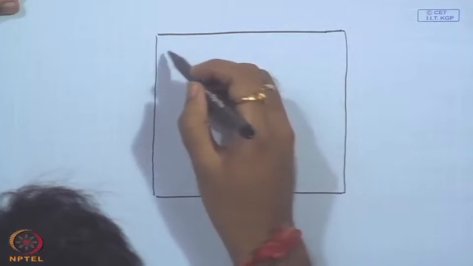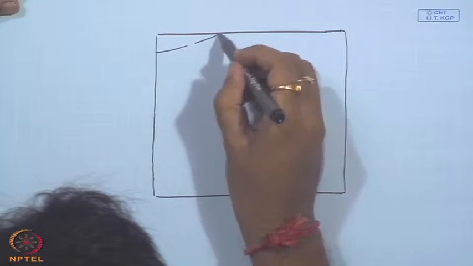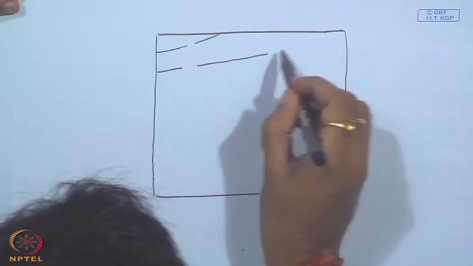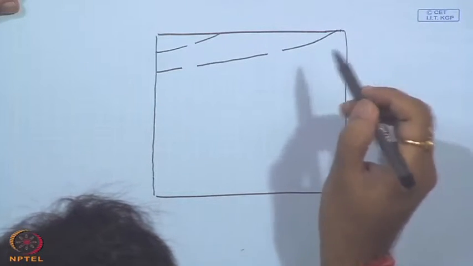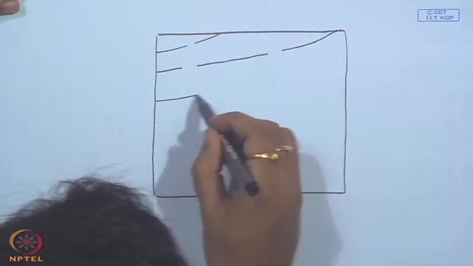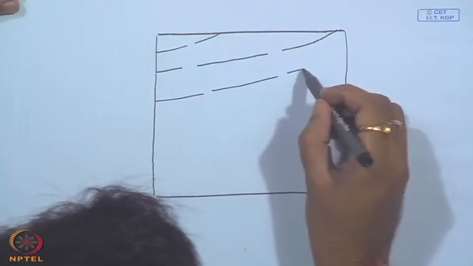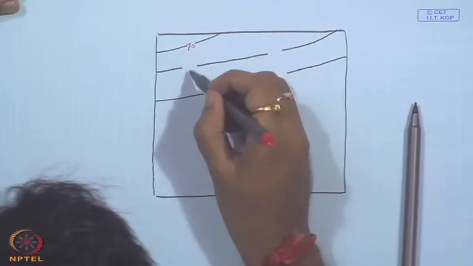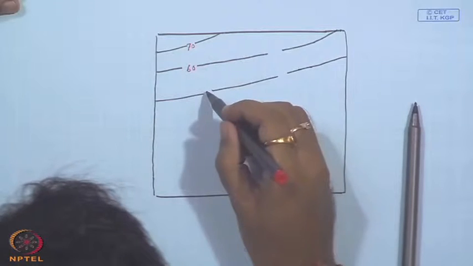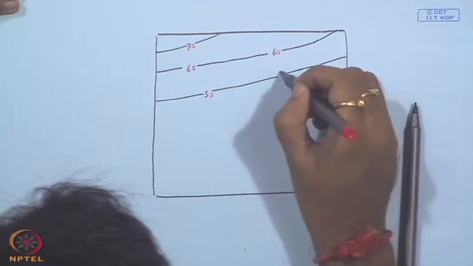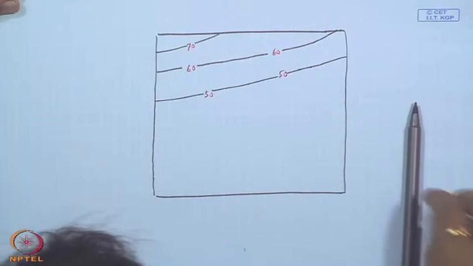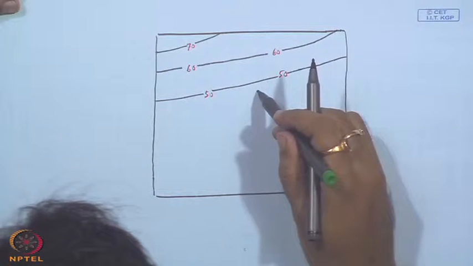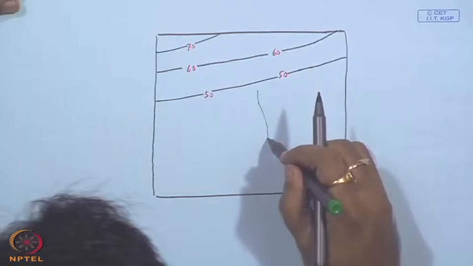Now, I have contours of different hydraulic head levels. Let us say this is level 70, 60, this is 50. Now, we have a stream here which is starting from this point.